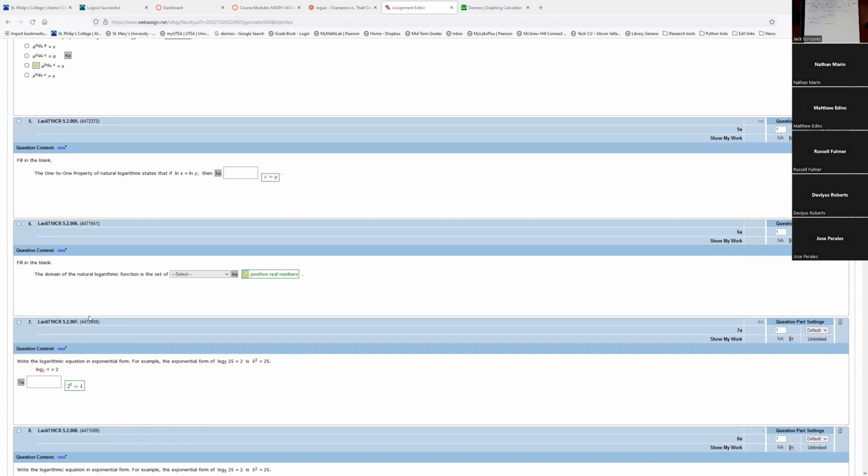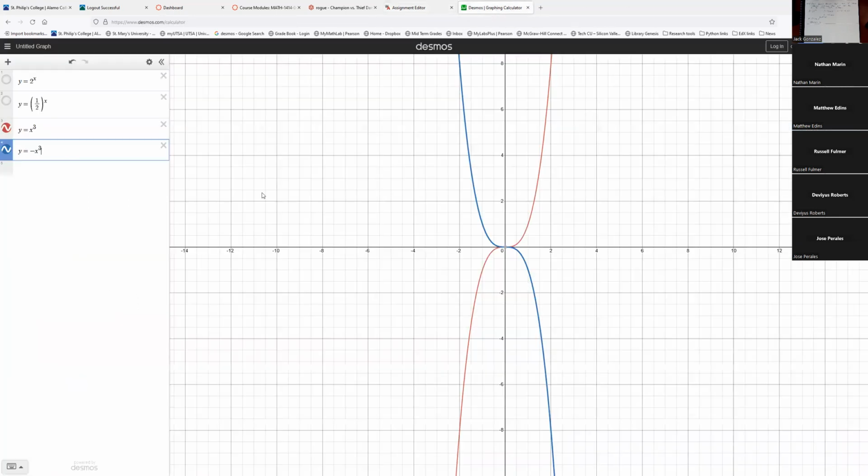Okay. The domain of a natural logarithmic function is a set of negative real numbers? Nope. Here, let me graph it for you. You're not allowed to plug in any negatives inside a logarithm. You can't even plug in 0.